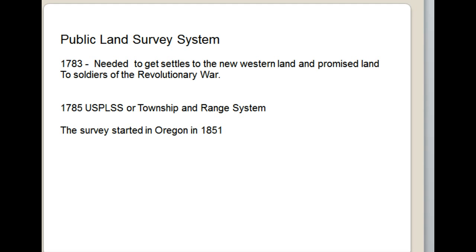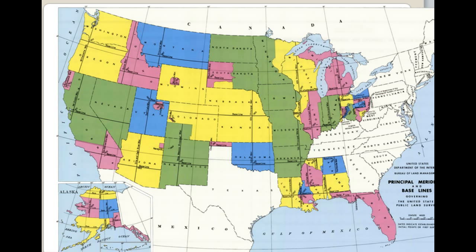And surveyors did not start surveying in Oregon until 1851. So the PLSS system is devised of several meridians and baselines, and so these were starting places that they could begin surveying, and by creating a grid along these meridians and baselines.